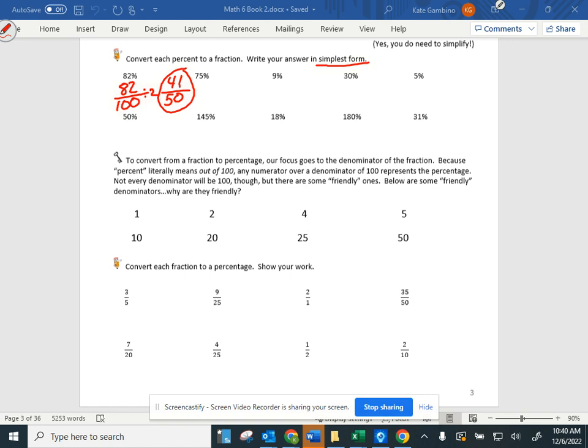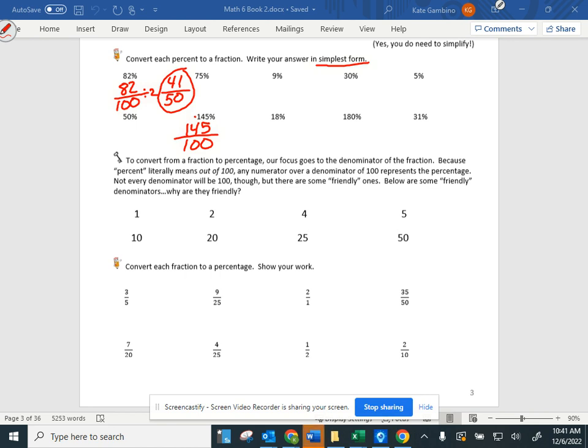So let's look at 145%. What is my original fraction? 145% would be what, Melina? 145 over 100. Can I simplify that? Yes. What can I divide out of it, Aiden H?